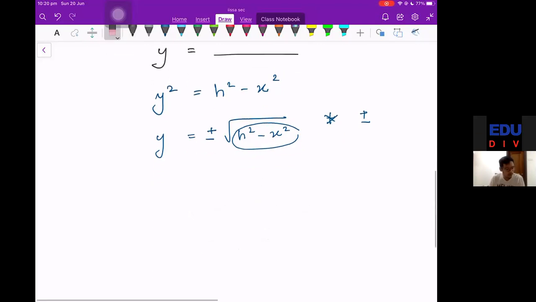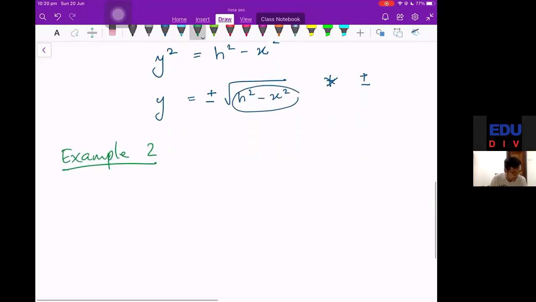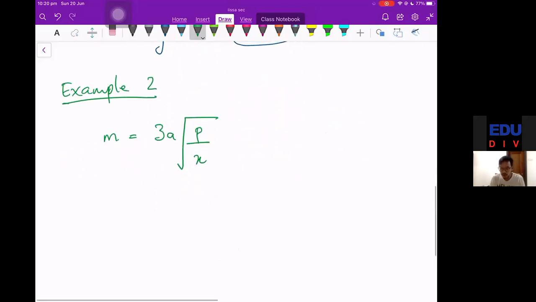Okay, let's do another example. Example 2. m is equal to the square root of 3ap over x. For this one, we need to make x the subject.